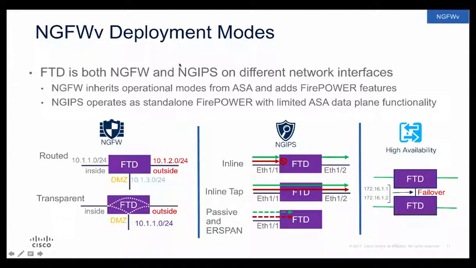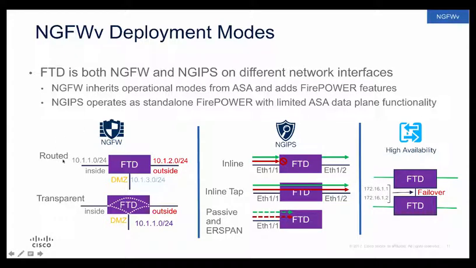So this is the next generation firewall deployment mode. The next generation firewall is also called the Firepower Threat Defense software, which in short is FTD. And this FTD can be deployed in one of these firewall modes, and this mode is device specific, meaning that before you register this FTD with the Firepower Management Center, you have to configure the FTD in one of these modes.